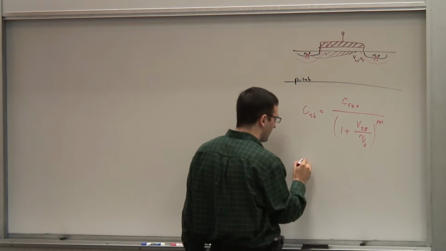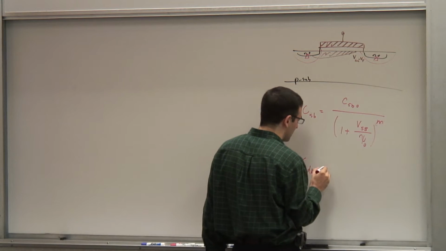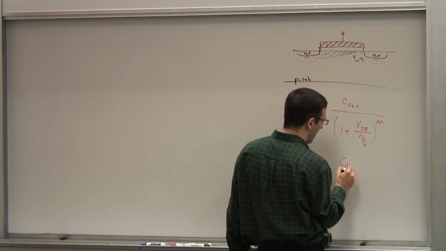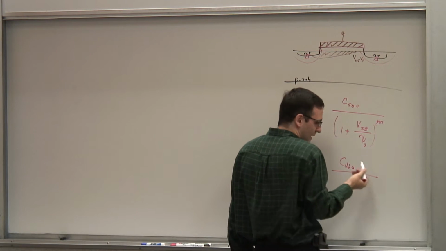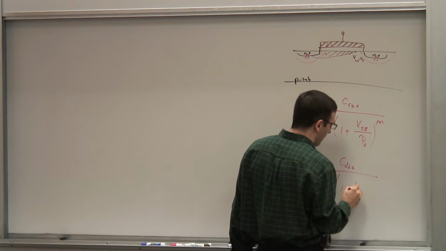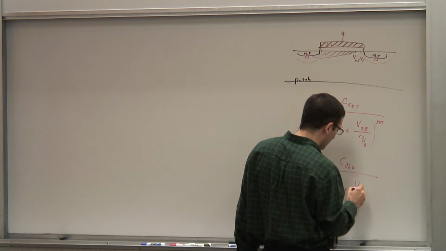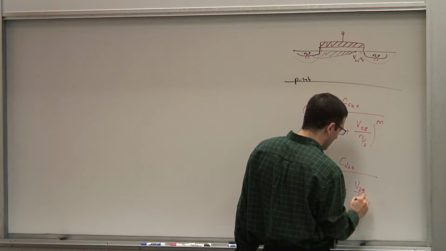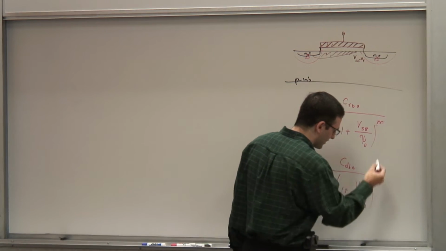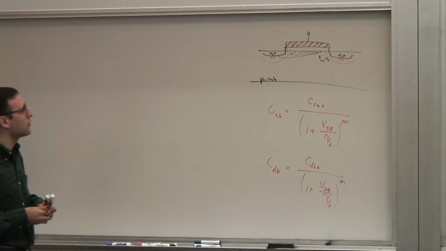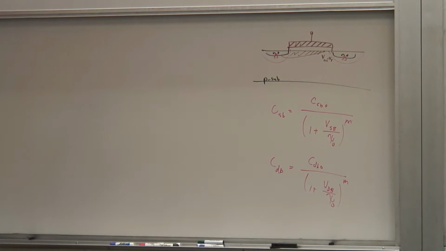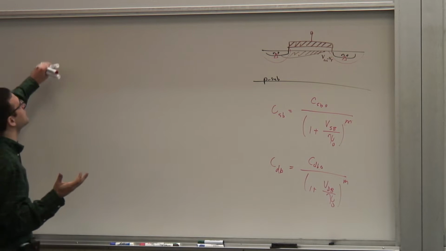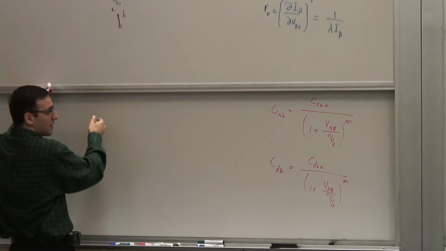Right? And a similar one for CDB. Right? We have CDB naught, some junction capacitance at 0 voltage, 1 plus VDB over psi naught, again to the similar exponent. So you have 2 junction capacitors there that are voltage dependent, so they're not even fixed. They're voltage controlled capacitors. But other than that, there are 2 capacitors that I have to worry about.